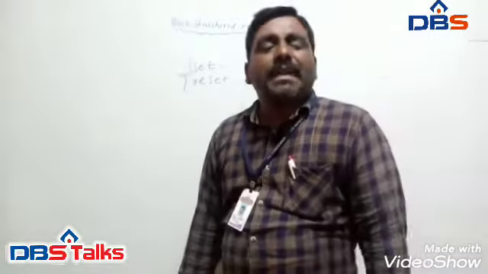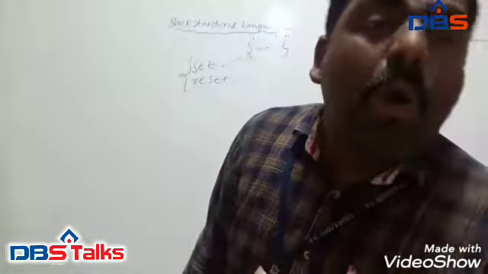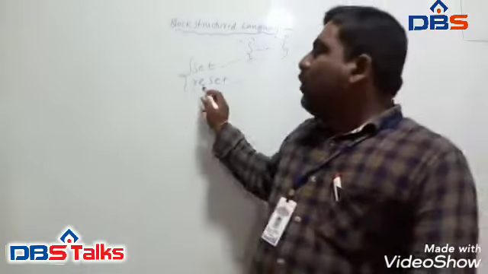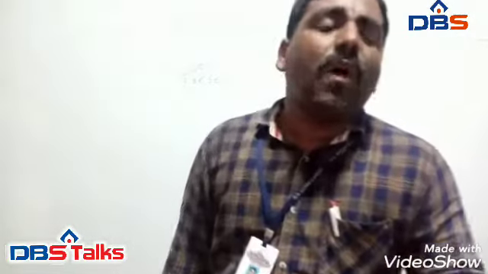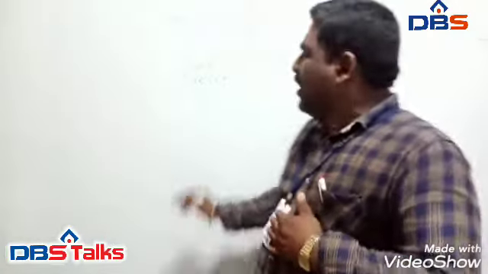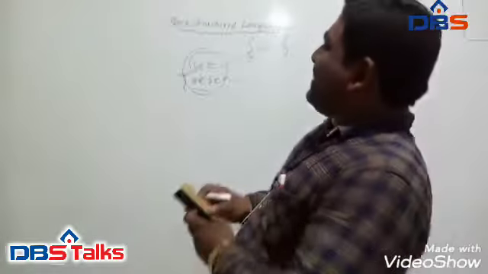What is meant by set? Set is invoked when the beginning of a block is recognized during compilation. Whereas what is meant by reset? Reset is the operation applied when the end of a block is encountered. So these two are the basic operations of block structured language.